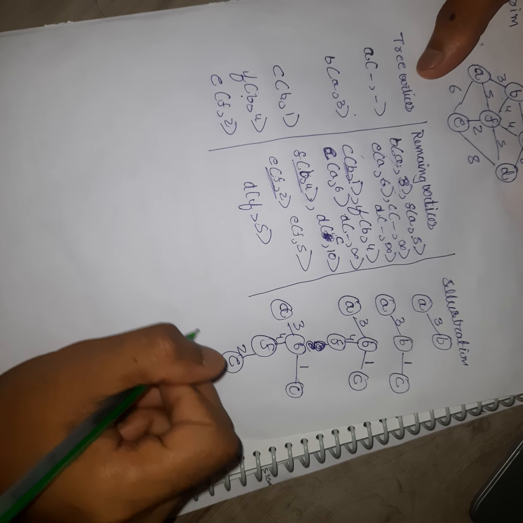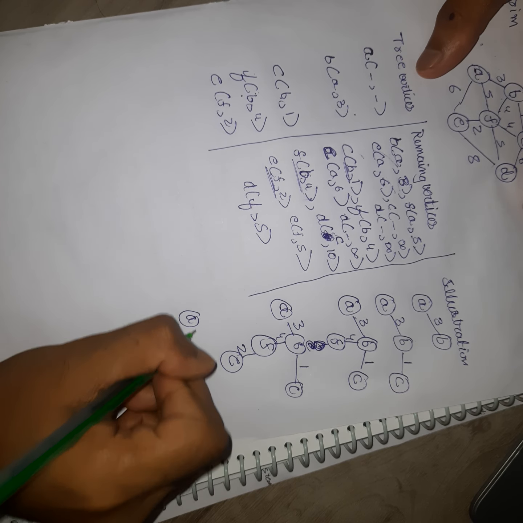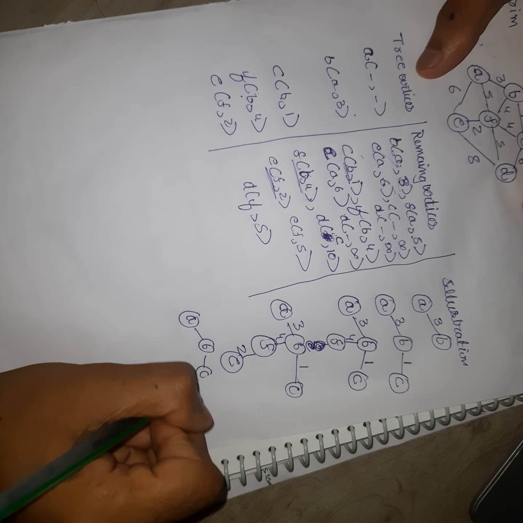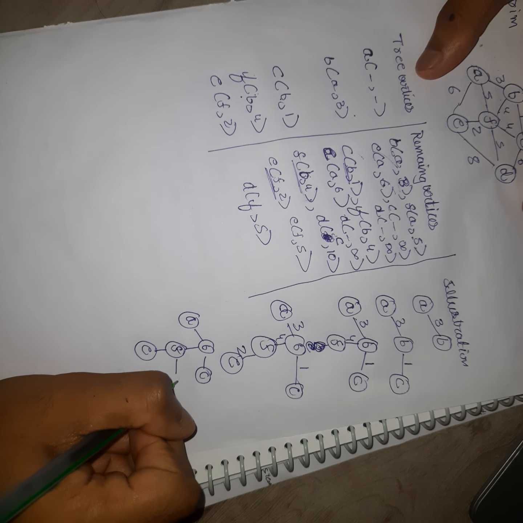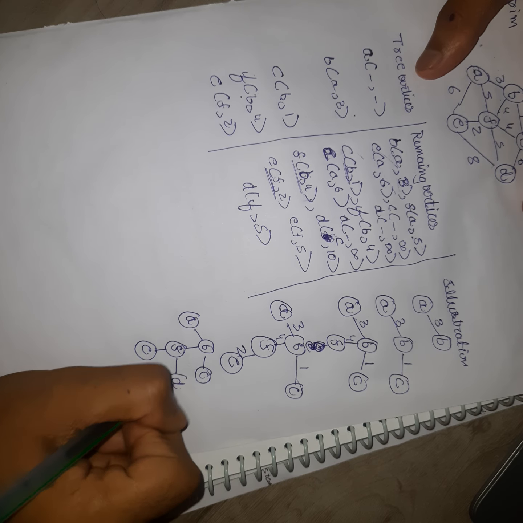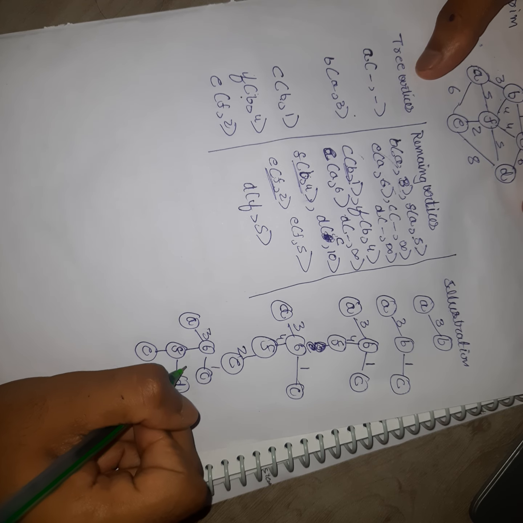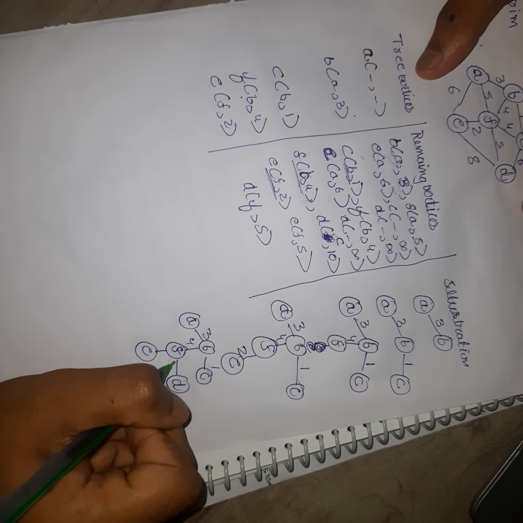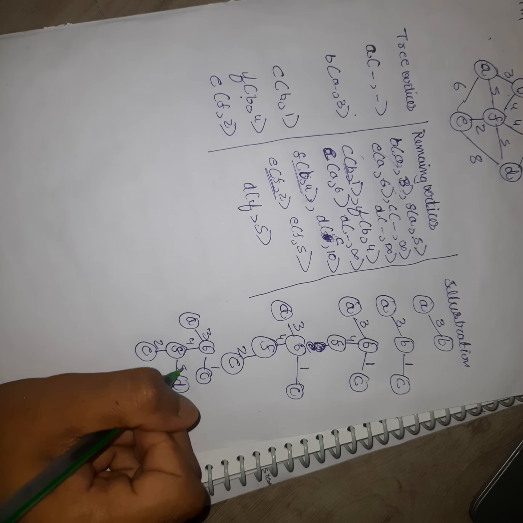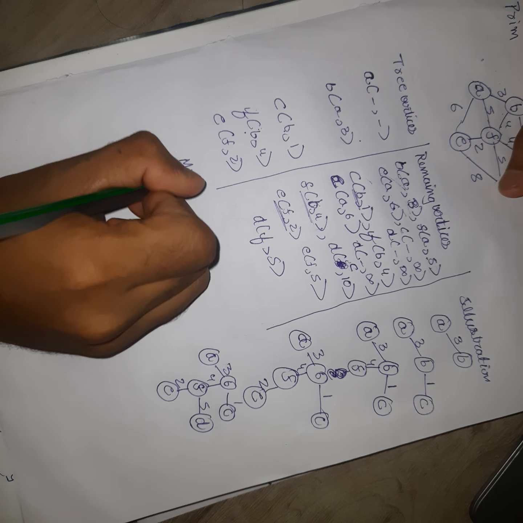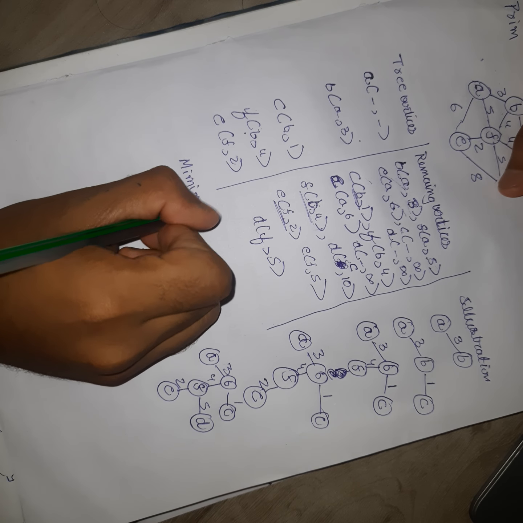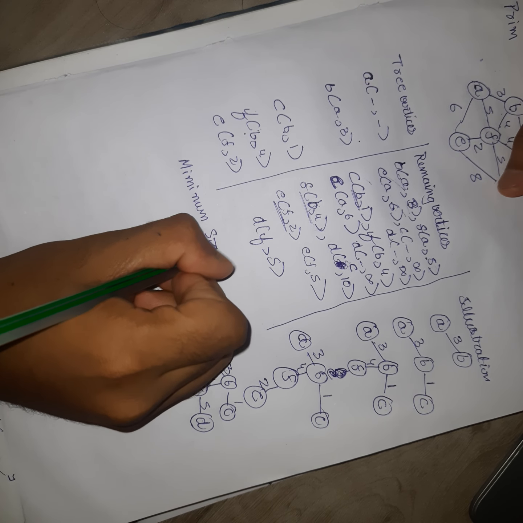So simple. In the last you have to write A B C F E, and here it will be D. Just write all the lengths. Okay, it will be 4, here 2, it will be 5. And remember, in the last you have to write here, just write minimum spanning tree.